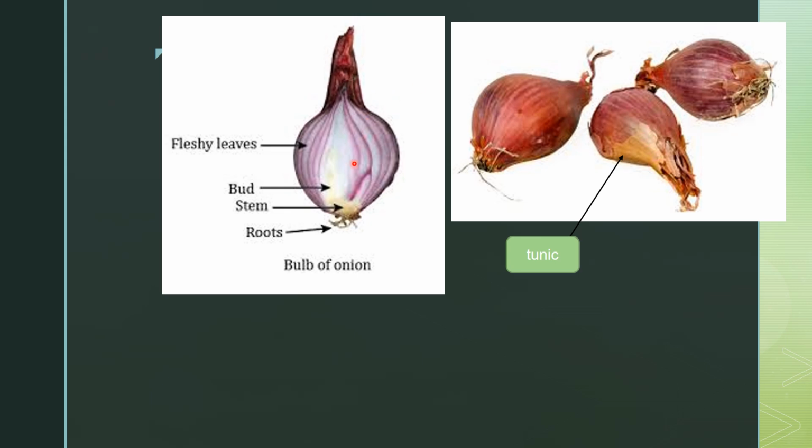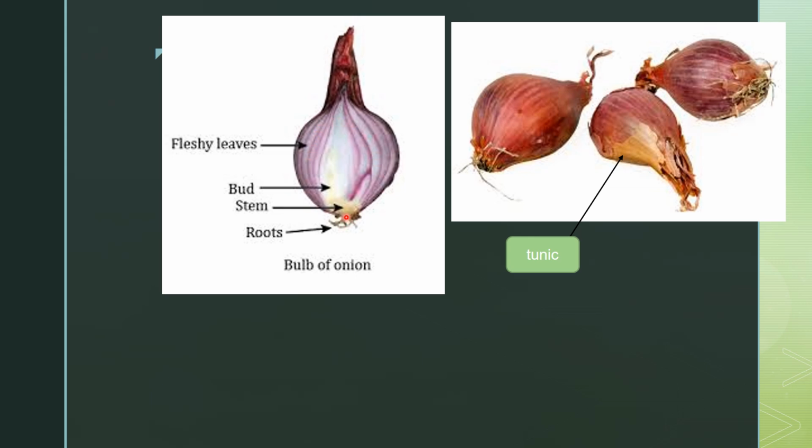When we take a cross section of the bulb, we can observe the fleshy leaves, and here there is an axillary bud, and there is a stem. All this is a stem, but it's modified to be a bulb.